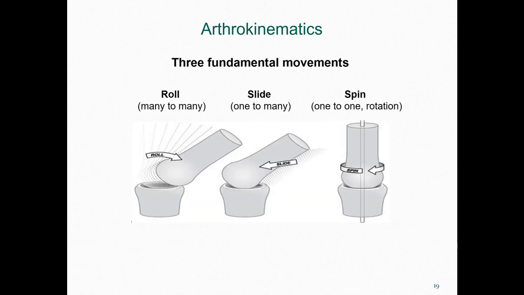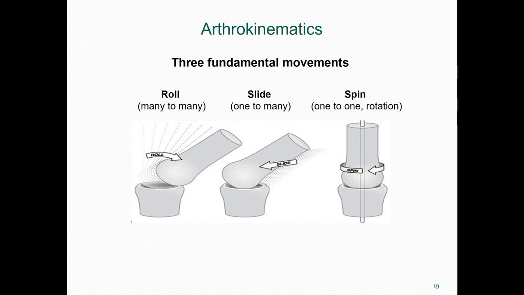Arthrokinematics is the branch of kinematics concerned with joint motions. In arthrokinematics, there are three fundamental motions: roll, slide, and spin. In roll, multiple points along the rolling articular surface make contact with multiple points on the articular surface that is being rolled on.